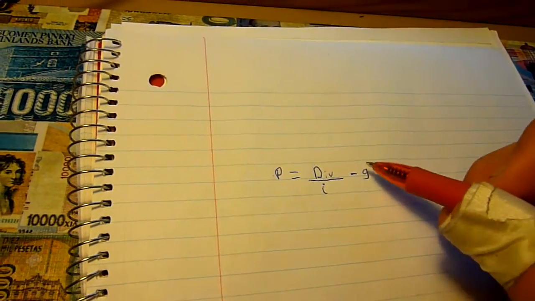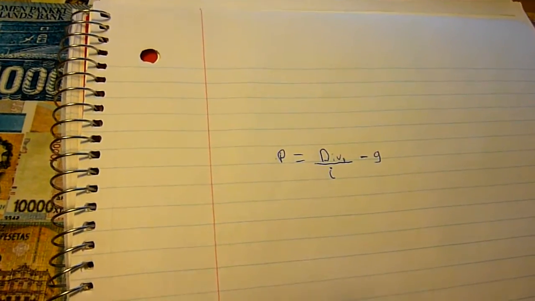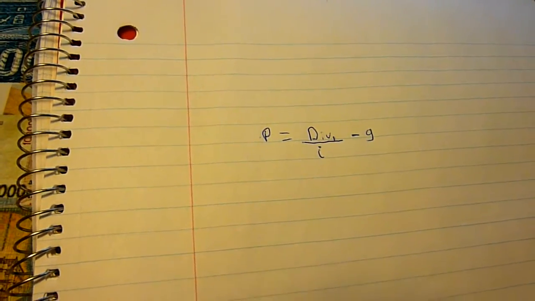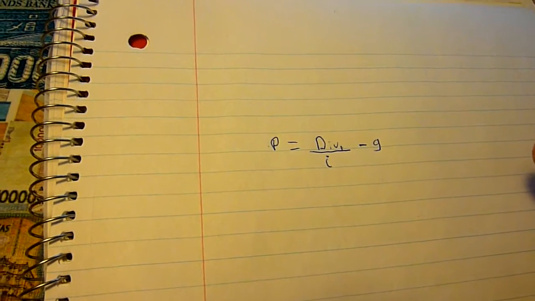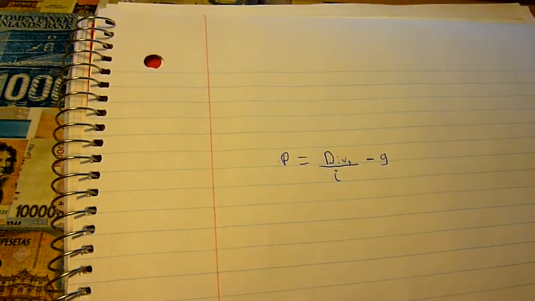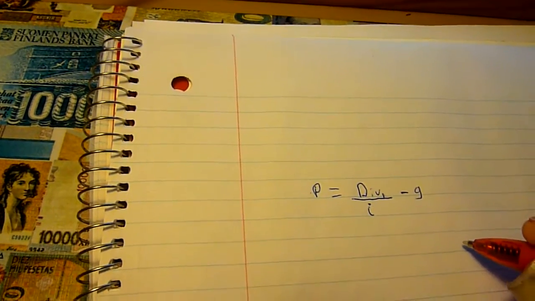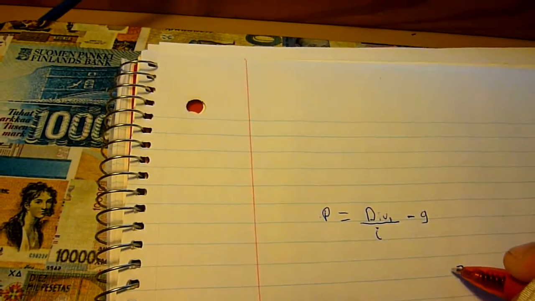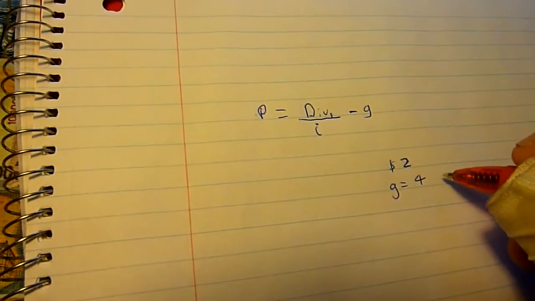To calculate the next dividend, which I'm going to call dividend 1, you have to know the dividend for the last year, and you have to add the growth for the next year, which is easy because usually the growth for the dividends is constant, so they're going to give it to you. So let's say that the dividend for last year was $2, and the growth was 4%.